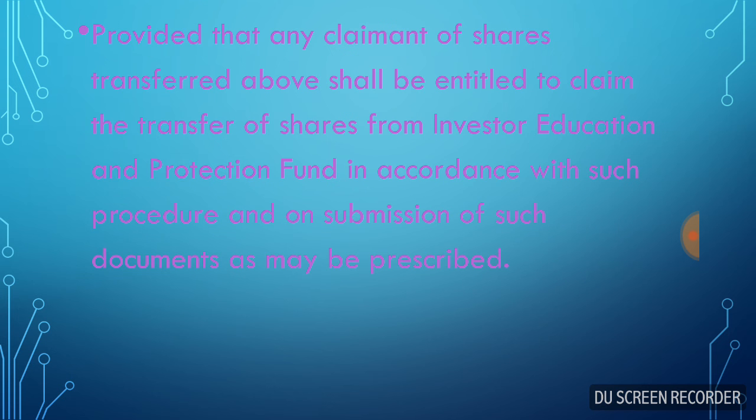Next, provided that any claimant of shares transferred above shall be entitled to claim the transfer of such shares from the Investor Education and Protection Fund in accordance with such procedure and on submission of such documents as may be prescribed.